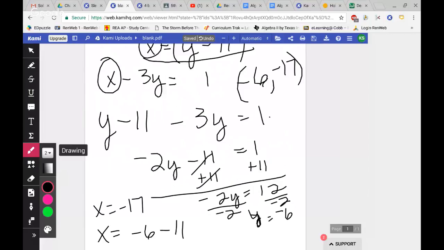Wait, was that number 8? Yes, ma'am. Okay. On that one, I think we worked that one together yesterday. We got negative 14, negative 3. We did? Well, we were wrong. I don't know what I did.